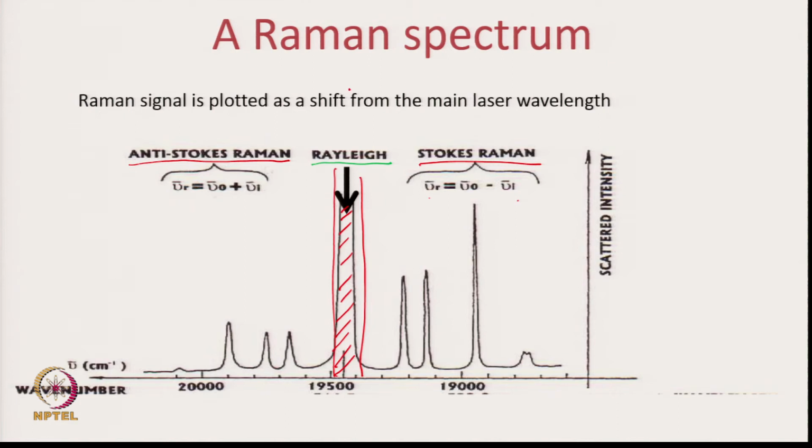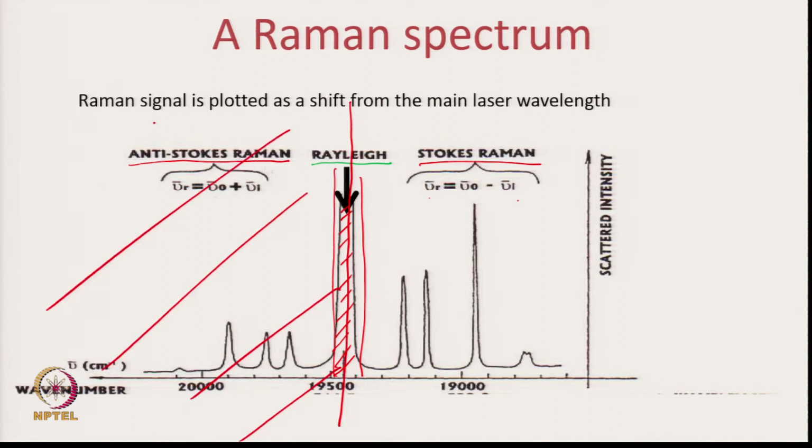So, we do not really look at the entire spectra. What we do is we divide this and we reject the anti-Stokes, and what we plot is only the Stokes-Raman. So, our y axis is scattered intensity, our x axis is wave numbers.